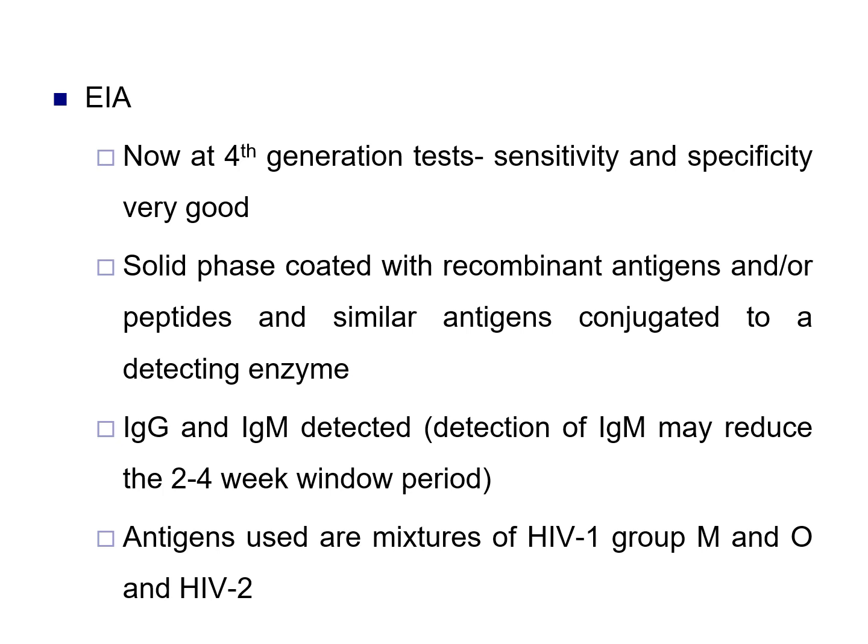Right, so this is coated with antigens or peptides or similar antigens, conjugated with an enzyme. It can detect the presence of antibodies, right? And this will tell you the time of infection more or less. Antigens are usually a mixture of HIV-1 and HIV-2, group M and O.